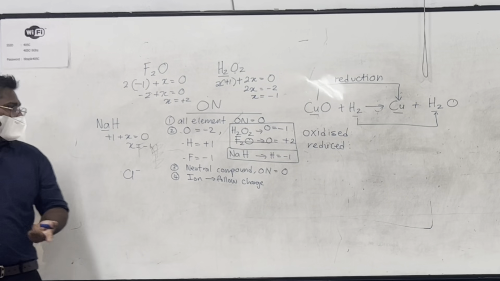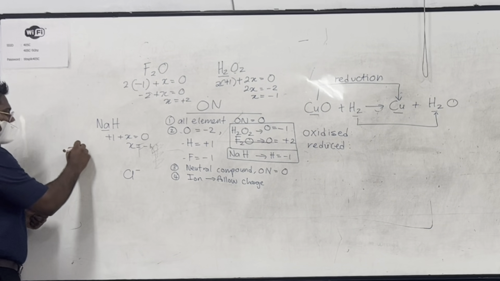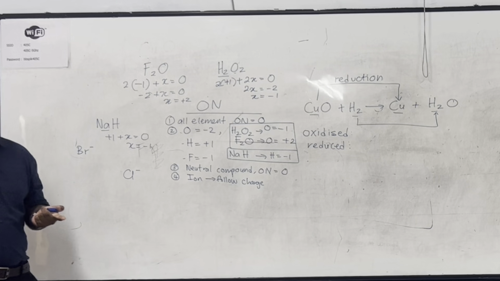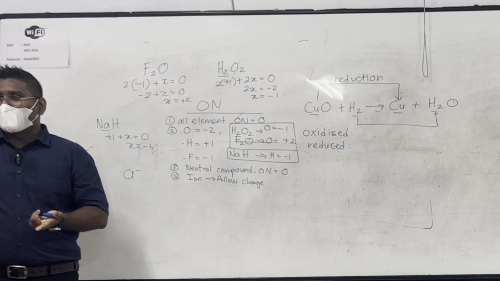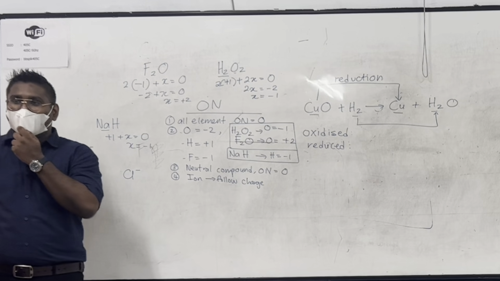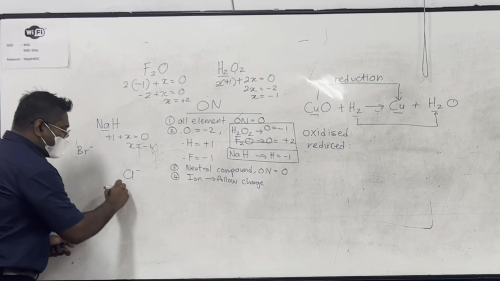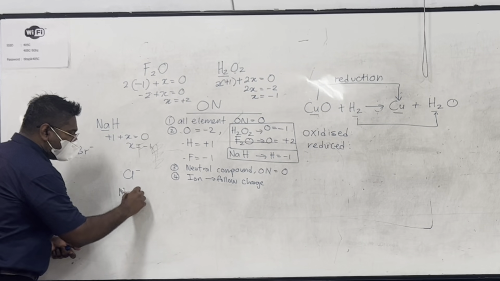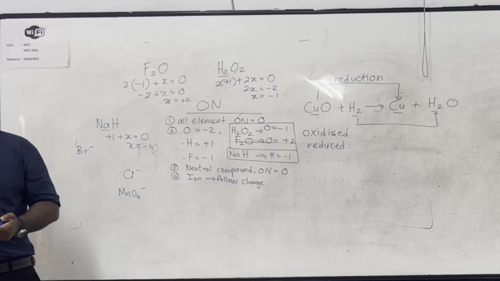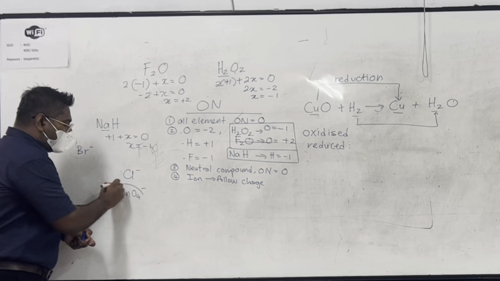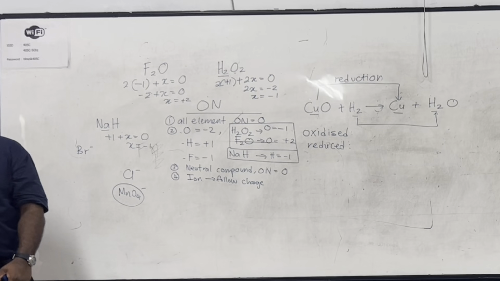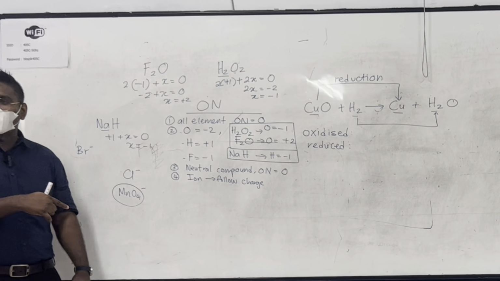Maybe as simple as Br minus, oxidation number is -1. But if you go a bit more complicated, for example, if I have MnO4 minus, it means that the total oxidation number of this entire thing is going to be -1.